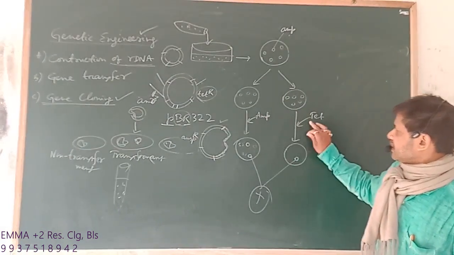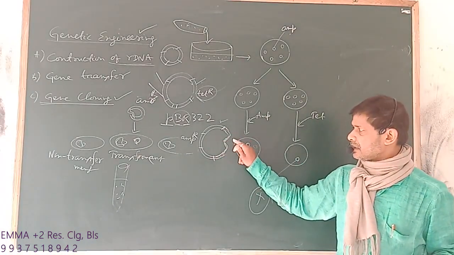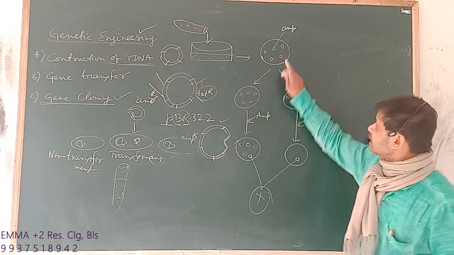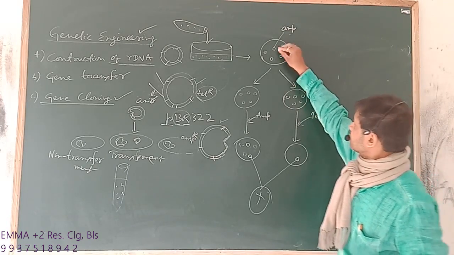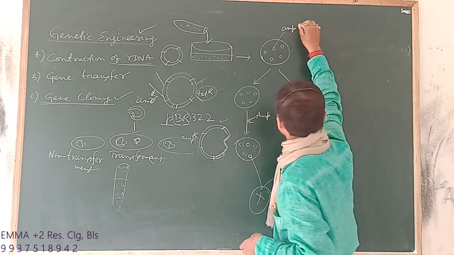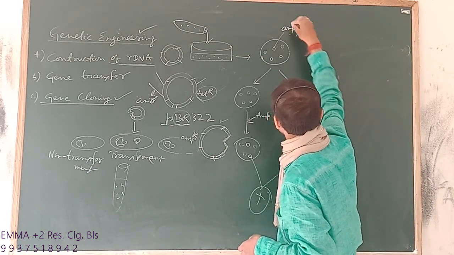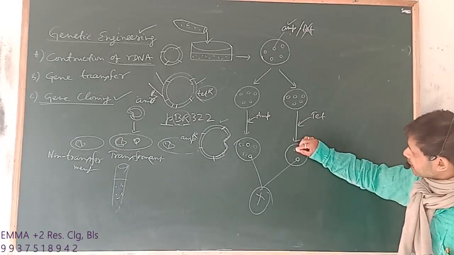Now you see in tetracycline, our recombinant DNA contains inactivated tetracycline. That recombinant colony is having inactivated tetracycline, while ampicillin is functional. Then this colony will survive.